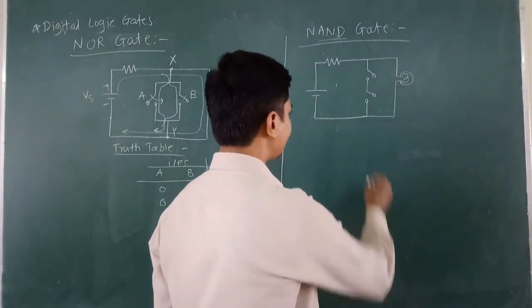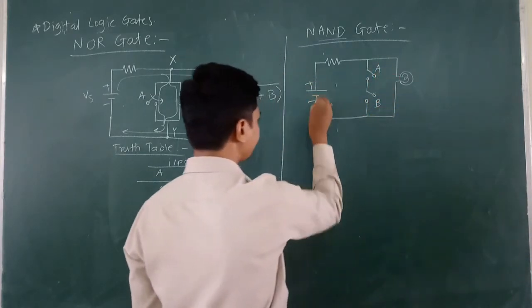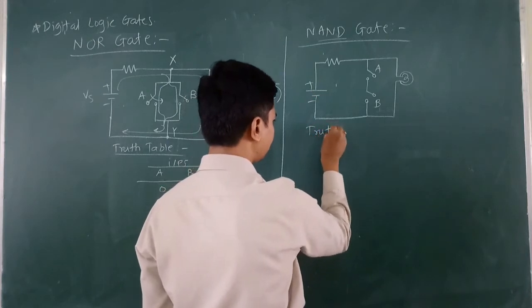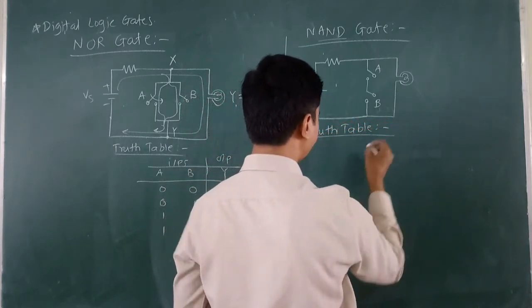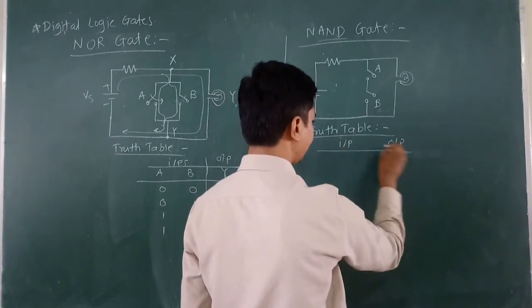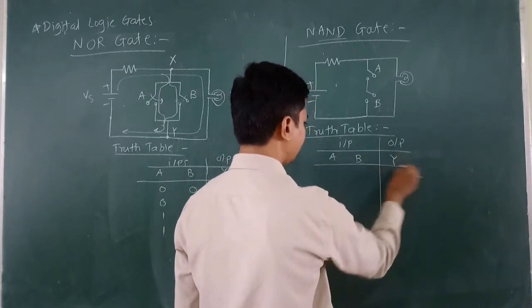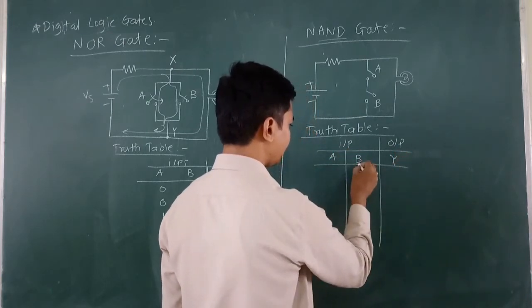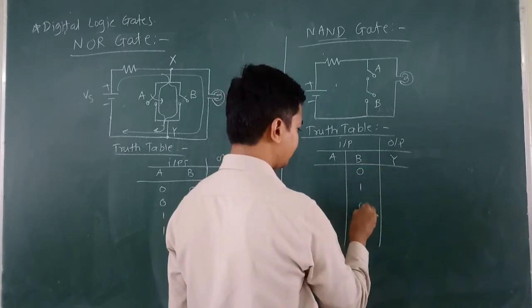Okay, now switch A and switch B. Now let us see the truth table. Inputs are A, B, output is Y. Starting from B, right hand side, write 0, 1, 0, 1.